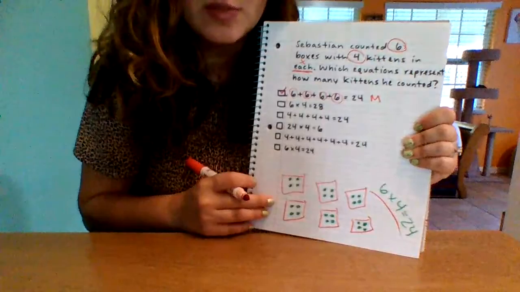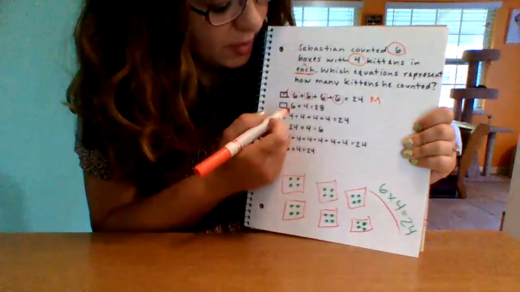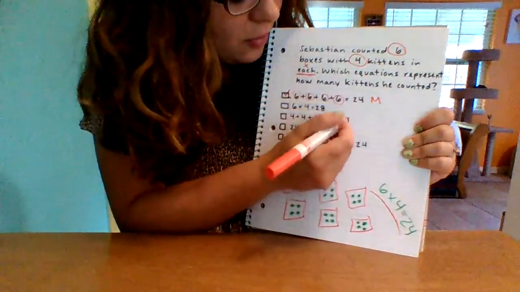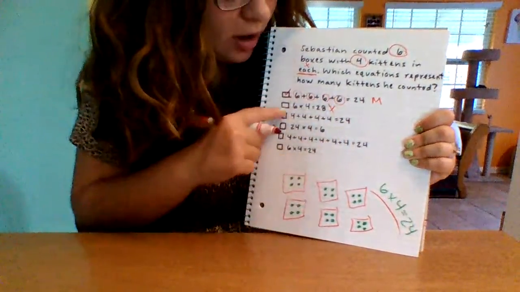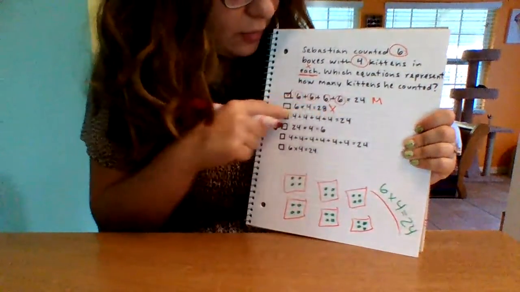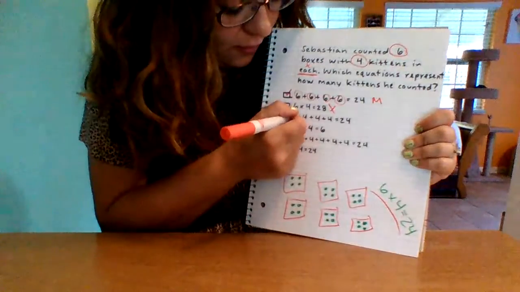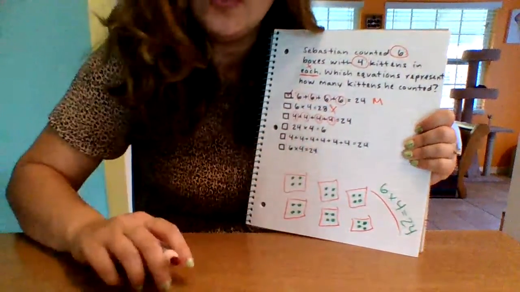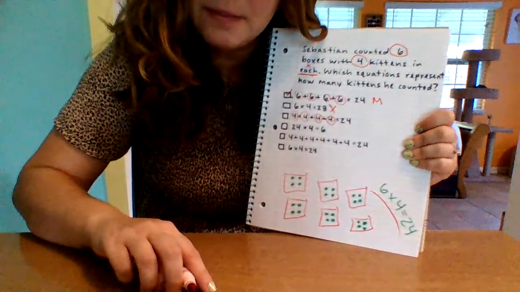X's and M's. I know it's been a while. Okay, what about 6 times 4 is 28? Is that true? No. Good thing we checked our answer down here, because you know they love to put tricks like this in here for you. How about this next one? 4 plus 4 plus 4 plus 4 equals 24. That's repeated addition, right?